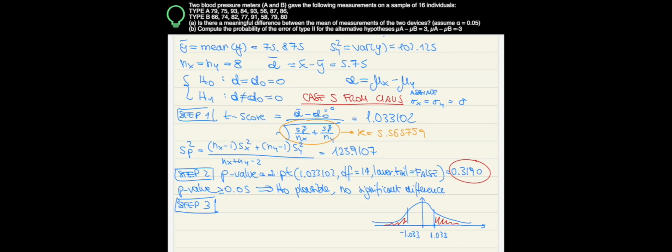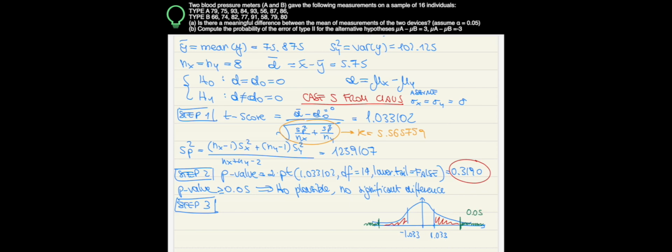What is the critical region? Well, it is the region in green that contains the 5% more extreme cases. So those two tails summed up have to give 0.05, and that will be our critical region.